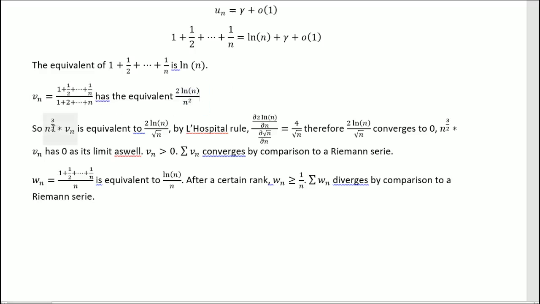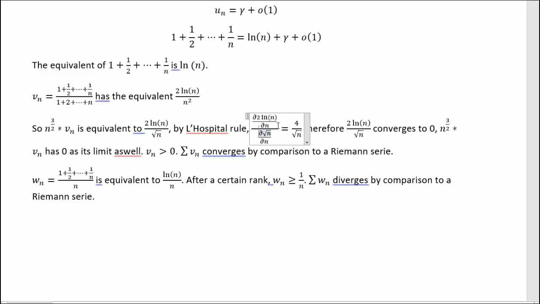So now we want to take a look at n to the power 3 halves times V n. So it's equivalent to this, so I just replaced it by the equivalent. By L'Hospital's rule, we can differentiate. So I differentiate 2 ln n, and I differentiate square root of n divided by n.